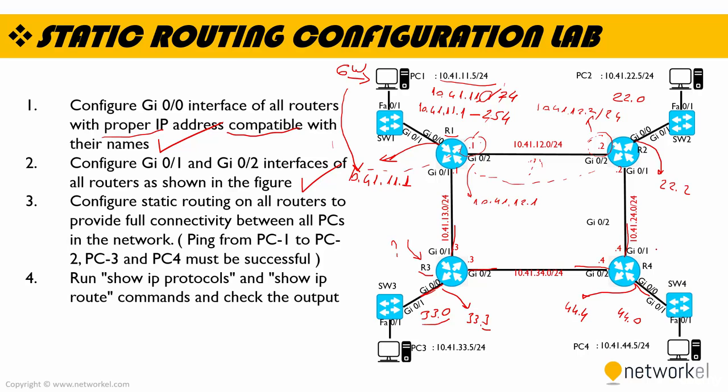So I don't need to tell router 4, for example, if you have a packet whose destination is the 24.0 network, you need to send the packet to some interface, because router 4 already knows that I have the 24 network connected to my Gig0/1 interface.